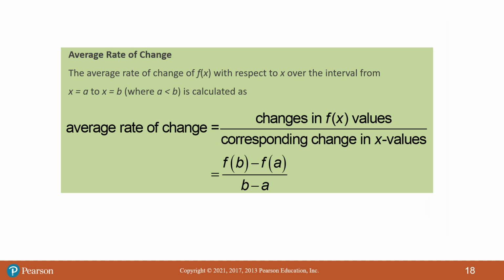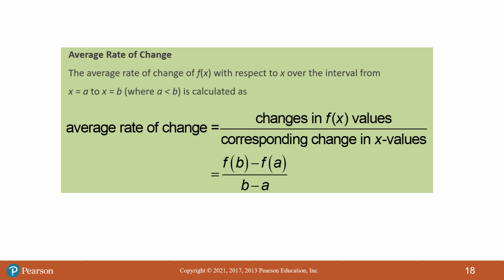Now, let's look at a new definition here: the average rate of change. Now, what is the average rate of change? I'll give you a hint. It's the same thing we've been doing almost the whole time. Slope. Okay, the average rate of change is the same thing as slope, and the forms are very, very similar. But let's look at the full definition here.